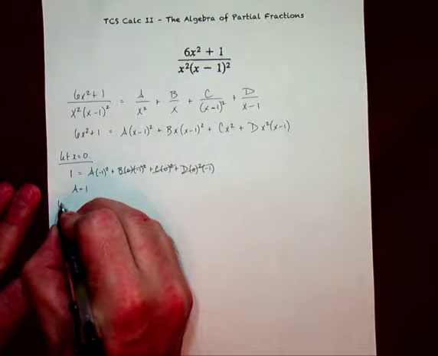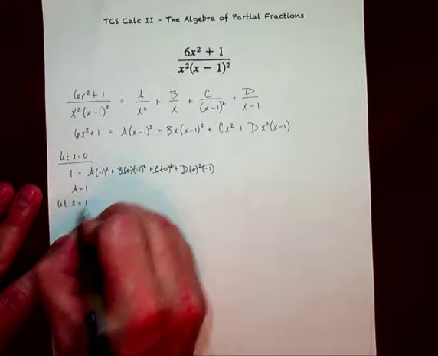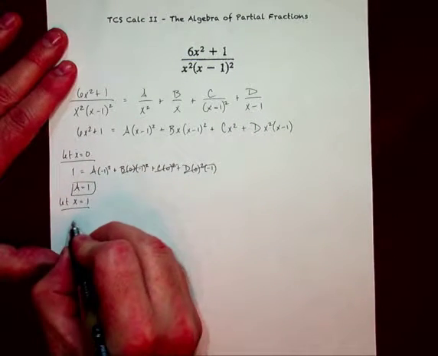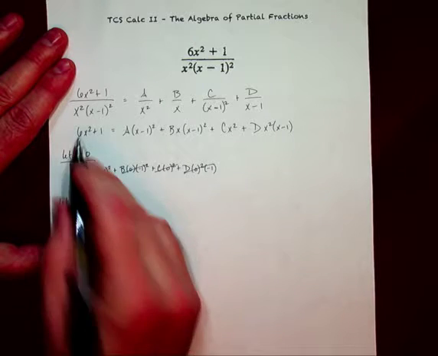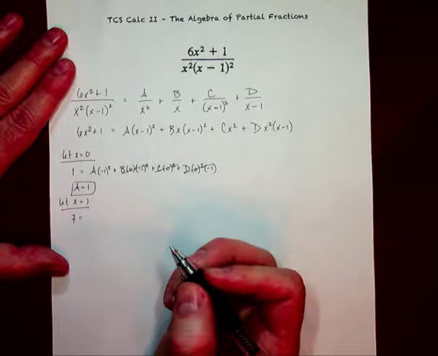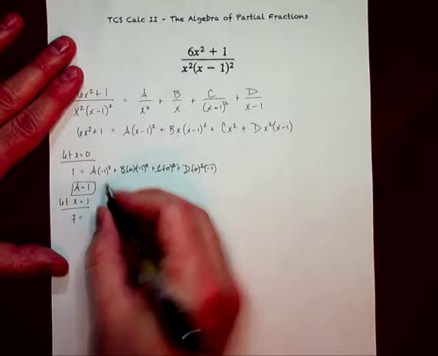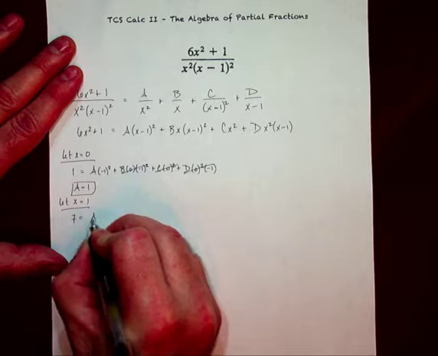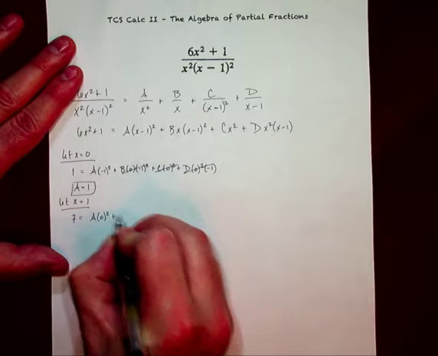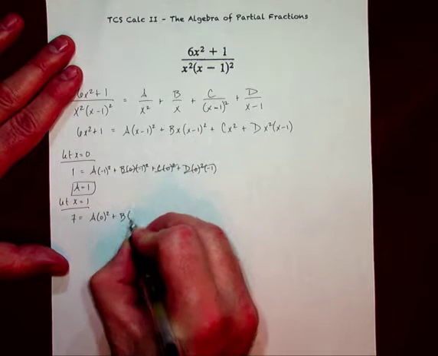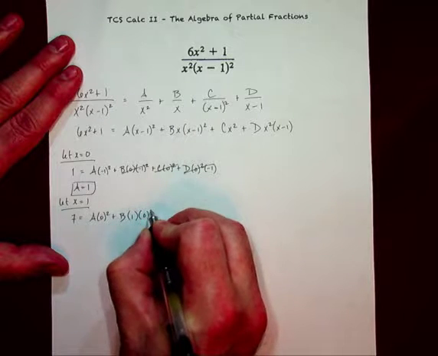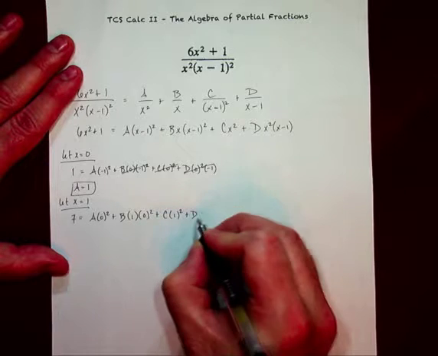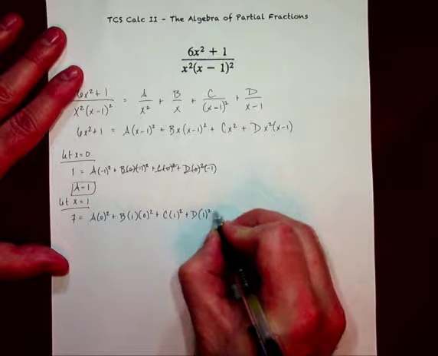Now, we're going to let x equal 1 as our other convenient value by the Heaviside method. If we let x is equal to 1, we're going to get 7 over here. All the rest of these are going to cancel, but let's show it. A is equal to 0 squared, plus b has 1 times 0 squared, and c has 1 squared, and d has 1 squared and 0.